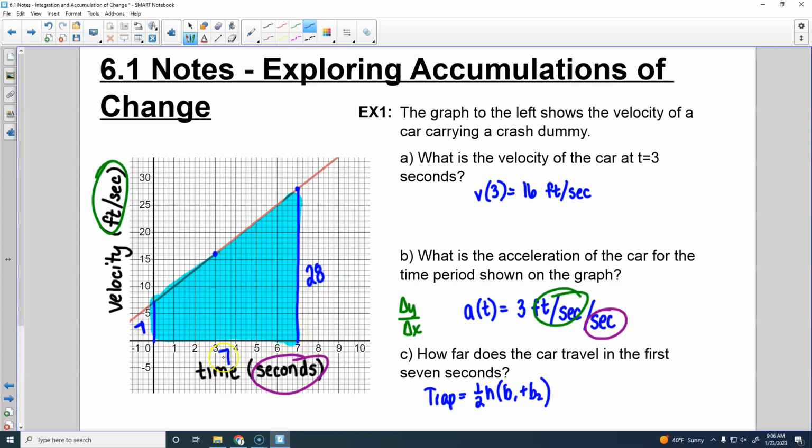Right? So it's kind of turned on its side. The height would be 7, this 7 right here. And then the bases are the parallel sides. So it would be 1/2 times 7 times 7 plus 28.